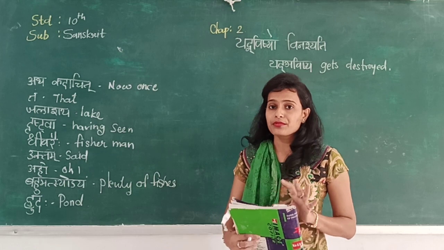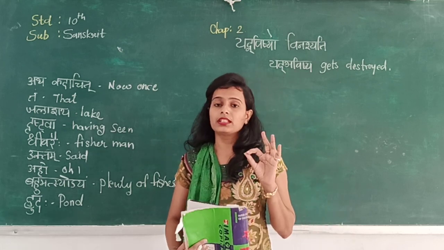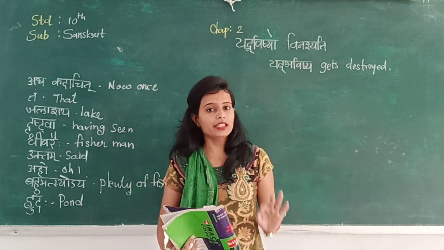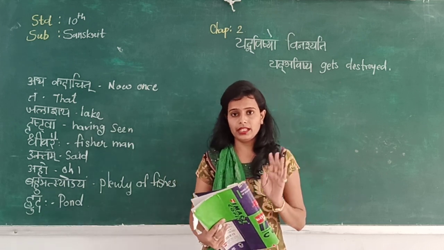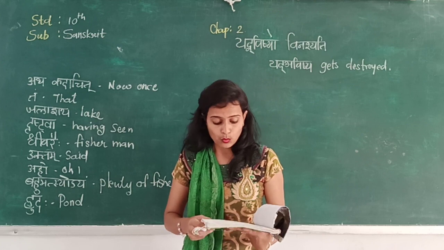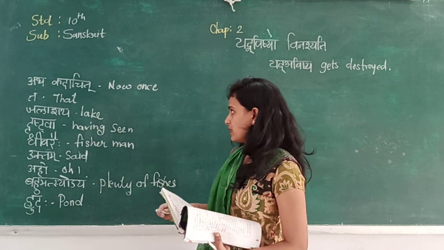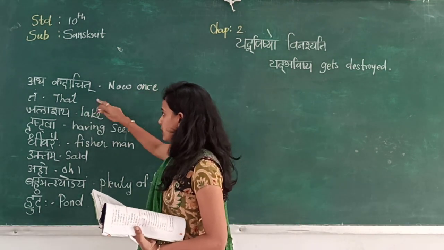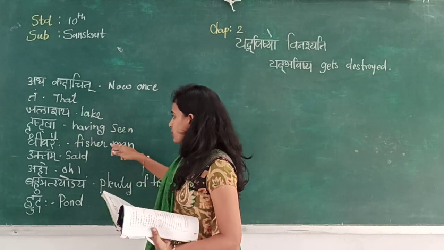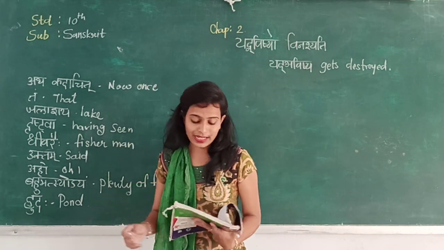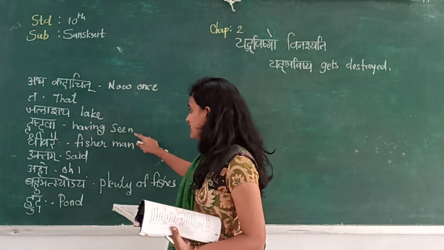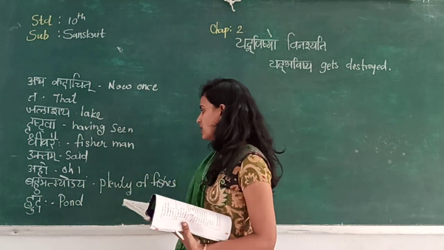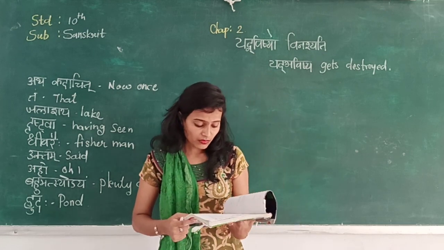So in the beginning we have seen that there are three male fishes by the name Anagatavidhata, Pratyutpannamati and Yadbhavishya who are living in one lake. Now in the same lake, what happens? One day two fishermen came to that lake and they saw plenty of fishes in that pond.